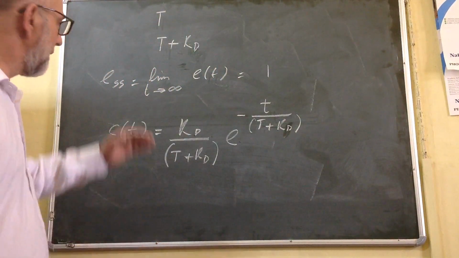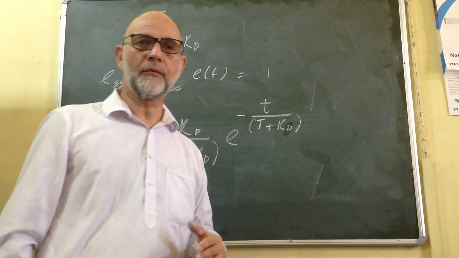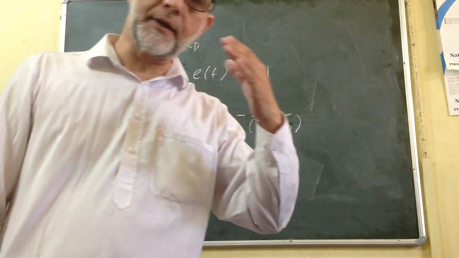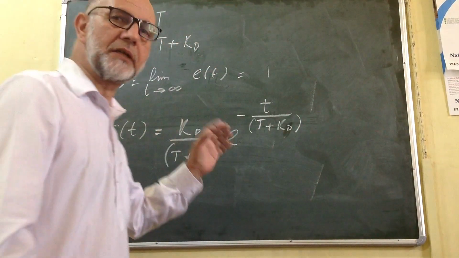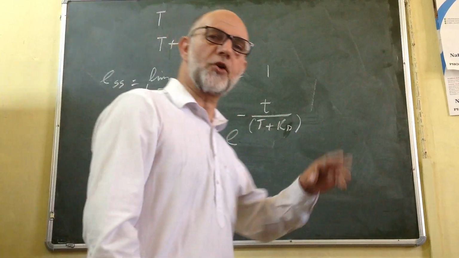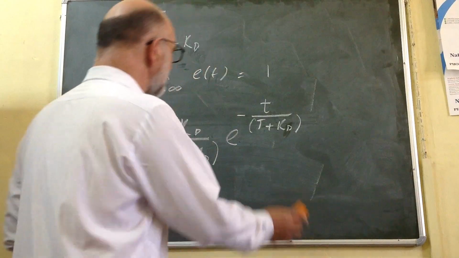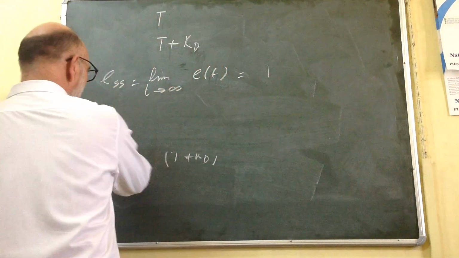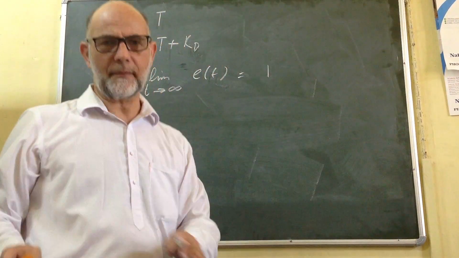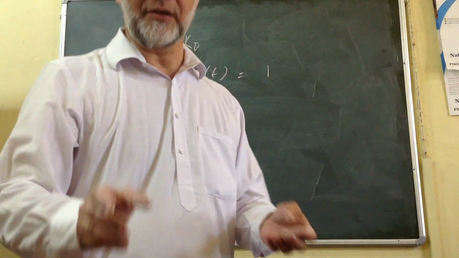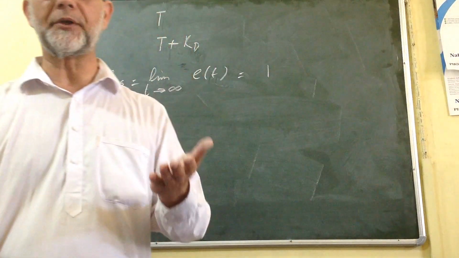So in a closed loop system which incorporates a derivative only controller, the steady state error is always unity. This essentially means that the tracking properties of the system are abysmal. It's not a very good tracker. It does not follow the input at all.